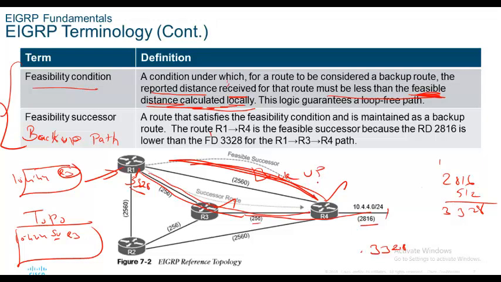For R4 to reach the destination, what is the metric? 2816. That is what R4 will advertise. That value should be less than 256 plus 256 plus 2816. If this is true, only then this can become a backup path, which is also called a feasible successor. You understood?